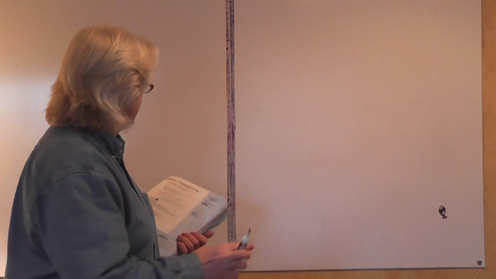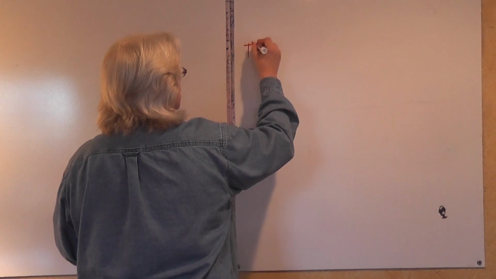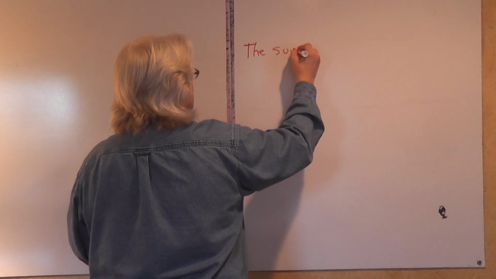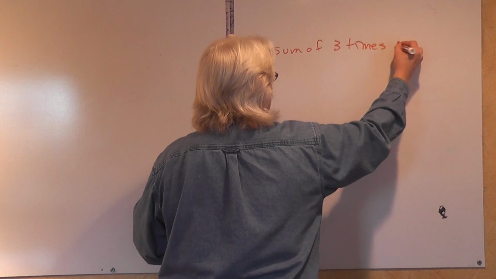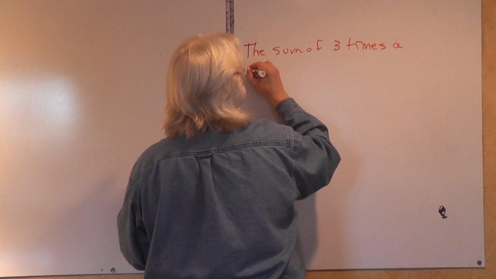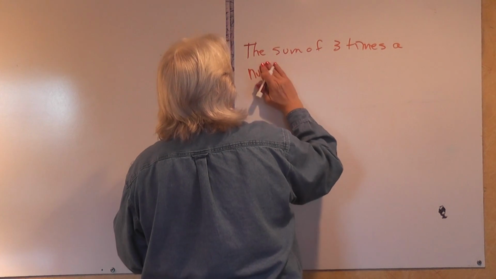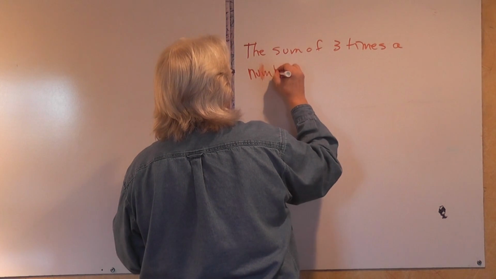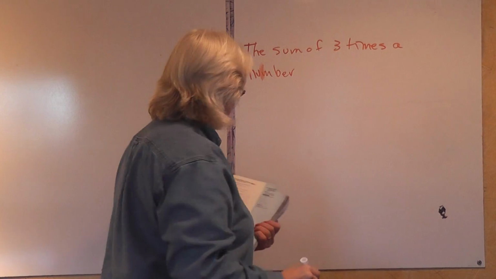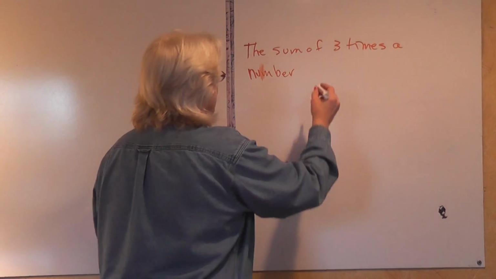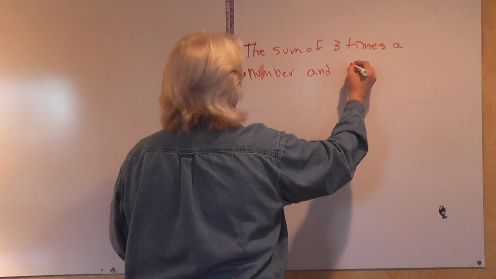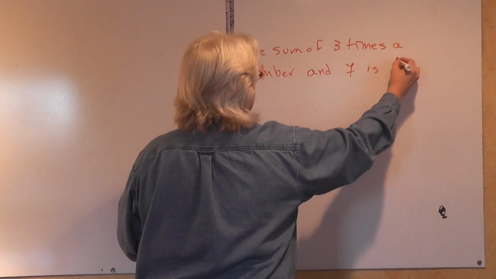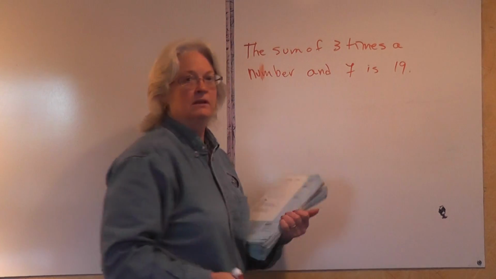Study the following example. The written sentence that is given to us is the sum of 3 times a number and 7 is 19.